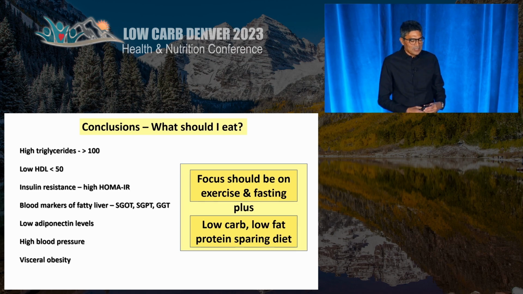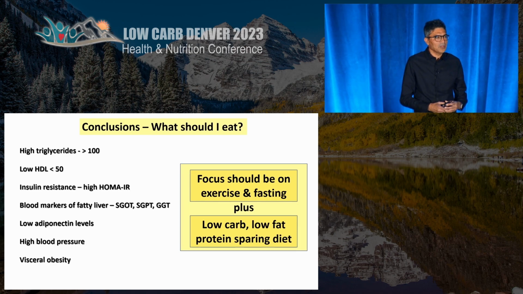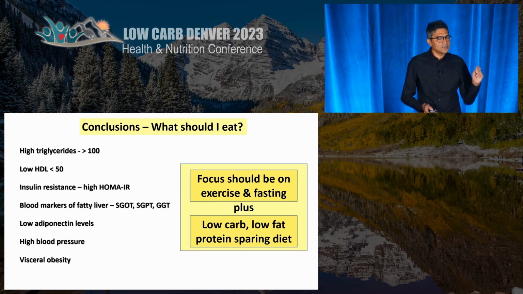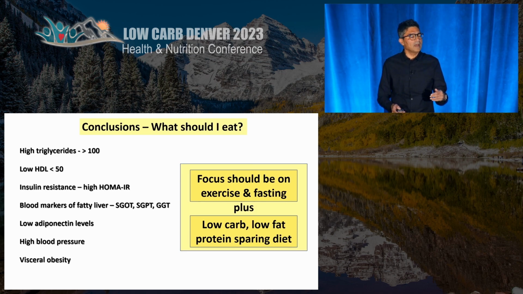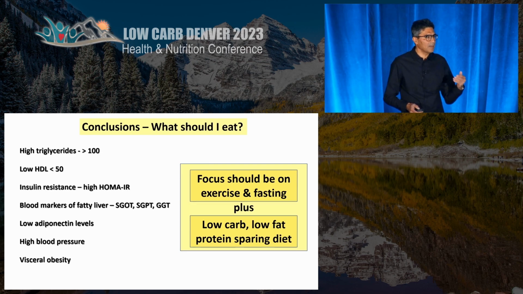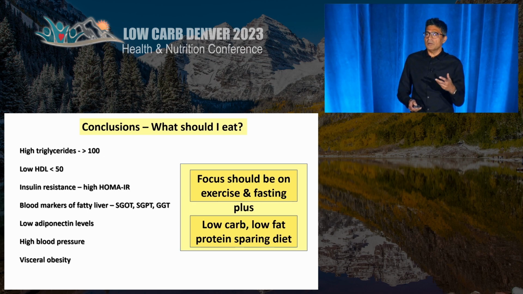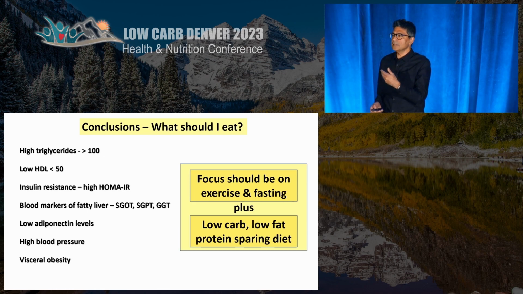So should a person who has evidence of lipotoxicity with high triglycerides, low HDL, who is insulin resistant, who has bad markers of low adiponectin levels, high blood pressure, and visceral obesity, because as low carbers, we give people license to eat as much fat as they want?